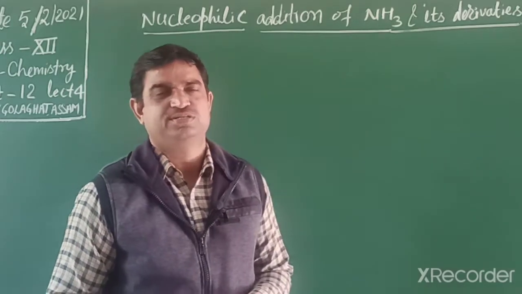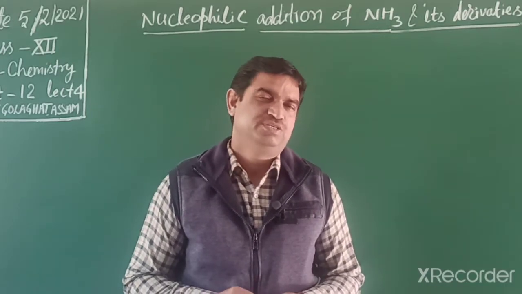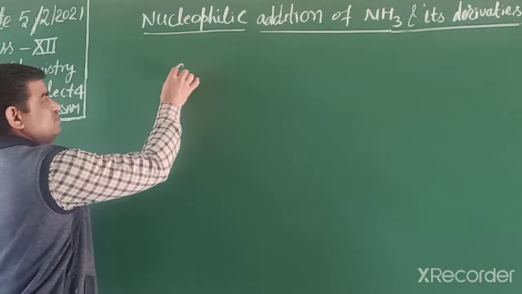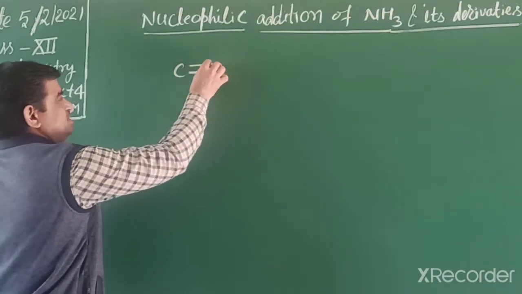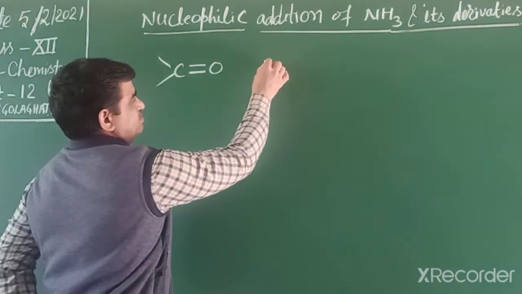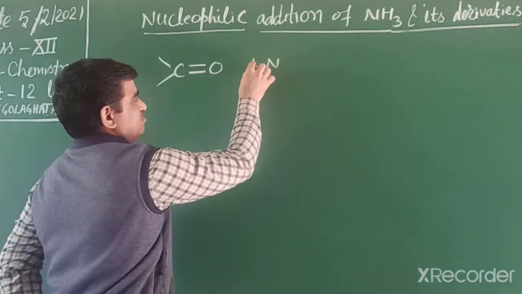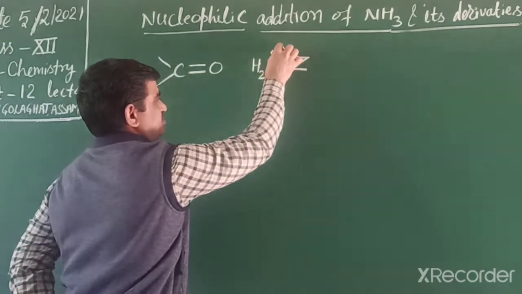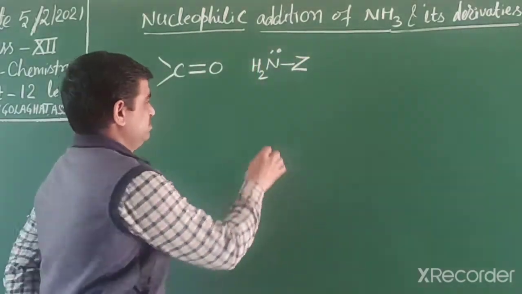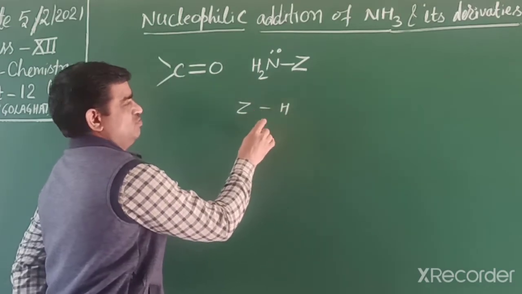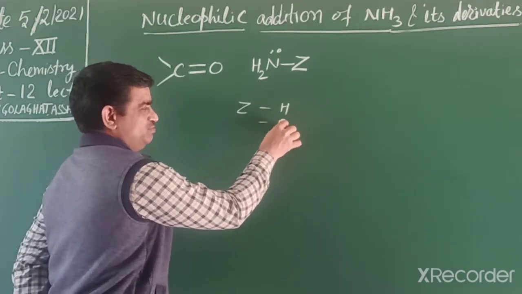This is a very important reaction. We can explain it in this way. We can write a carbonyl compound like this. It reacts with ammonia derivatives, which we can write as NH2-Z. This Z may be a hydrogen or an alkyl group.